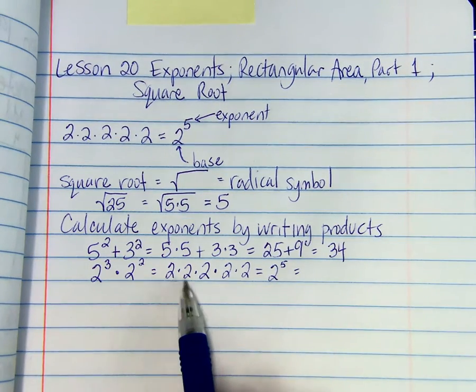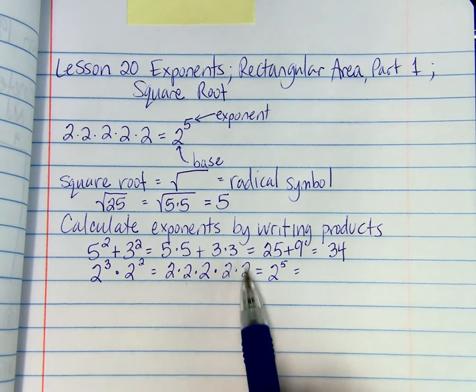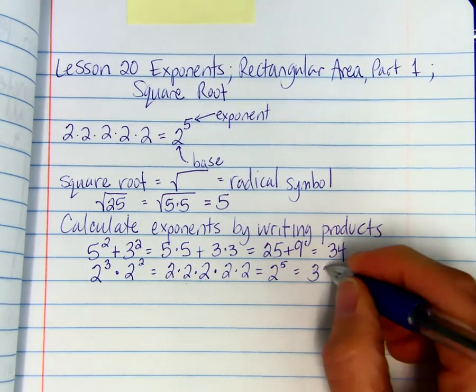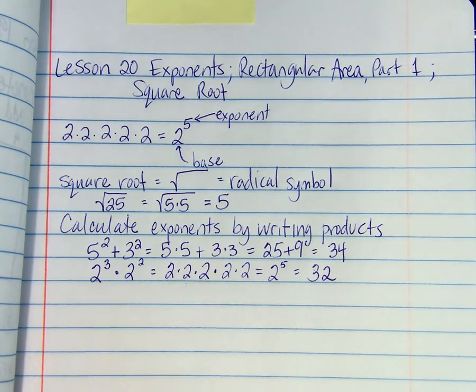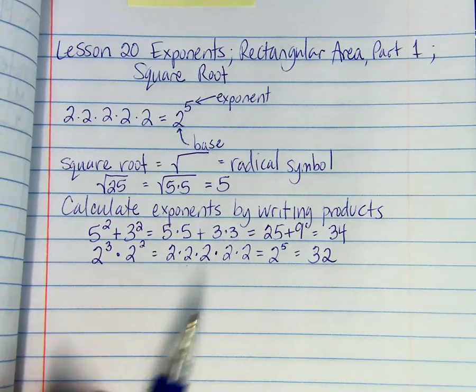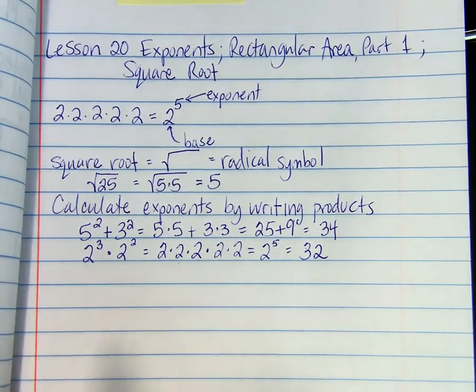But we can do 2 times 2 is 4, times 2 is 8. Times 2 is 16, times 2 one more time is 32. So 2 to the 5th power is 32. So 2 to the 5th would be 32.